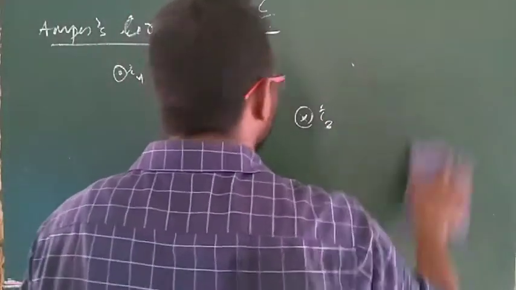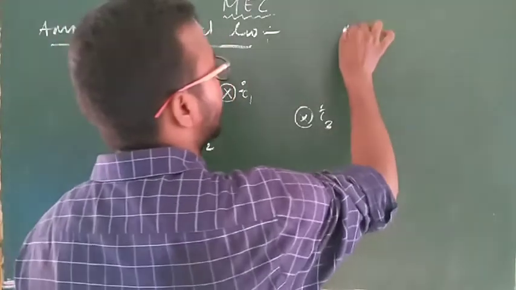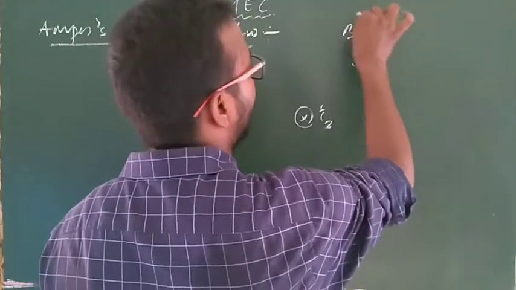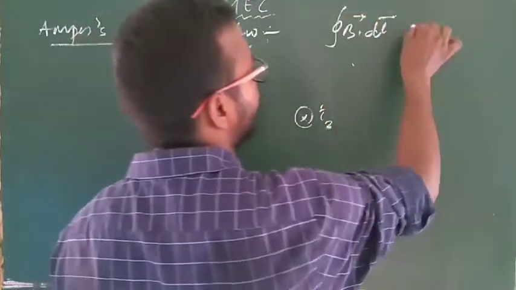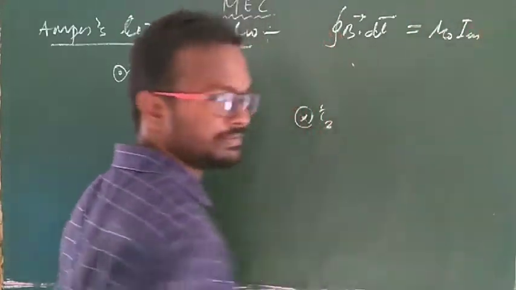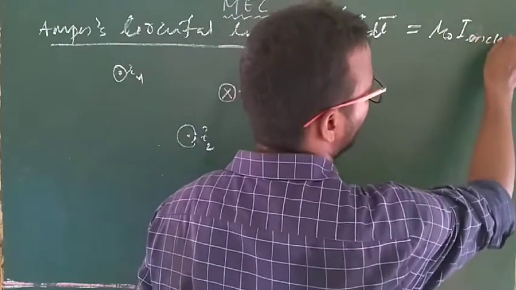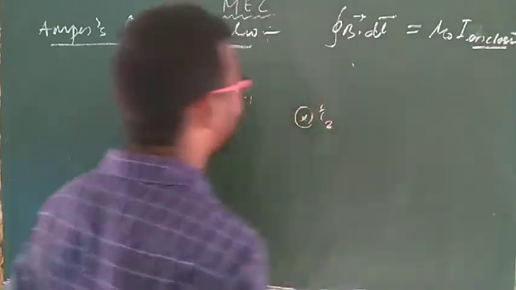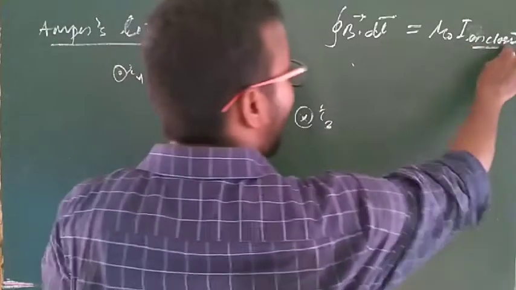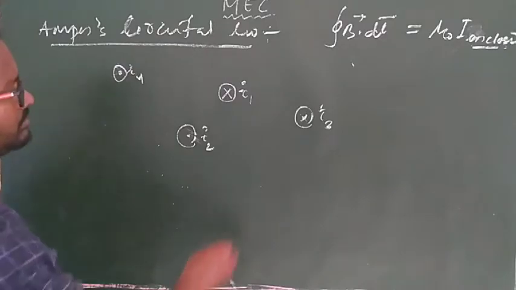So what is the mathematical formula of Ampere's law? That is the closed integral of B dot dl, which is mu naught times I enclosed. Mu naught times I in or I enclosed. So first we have to know what is I enclosed.